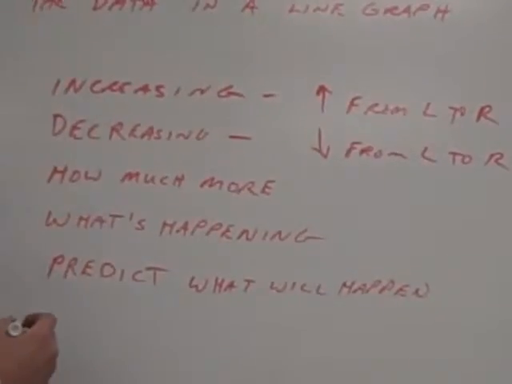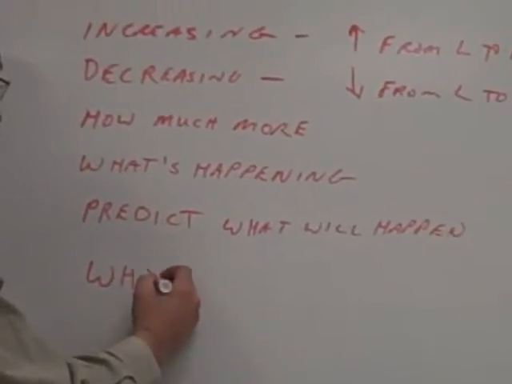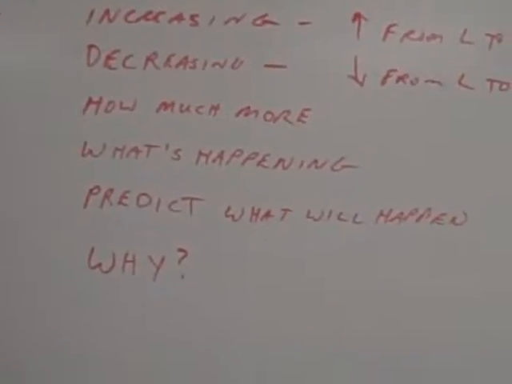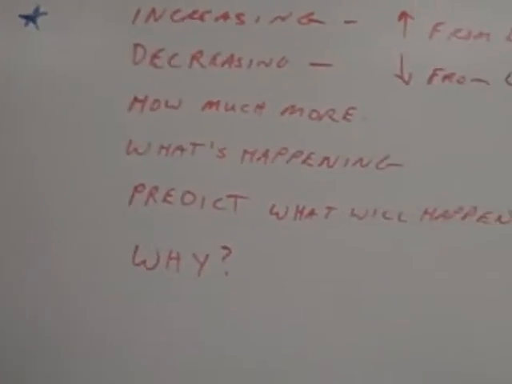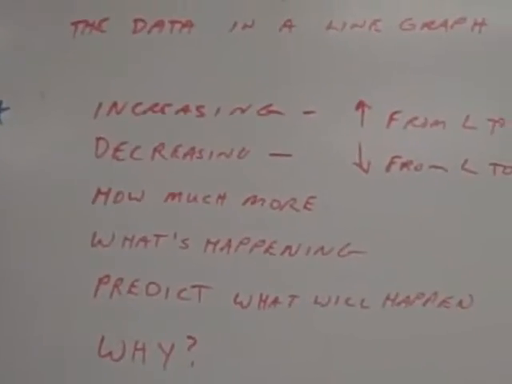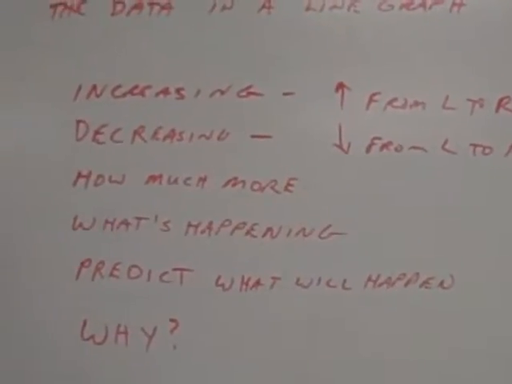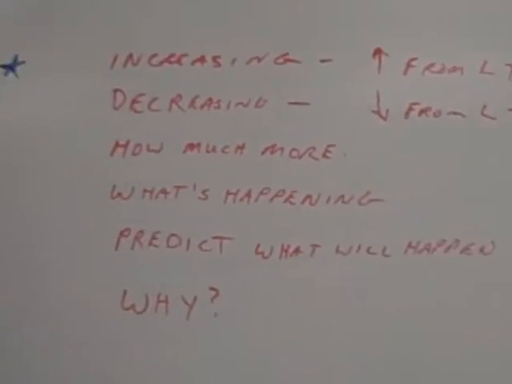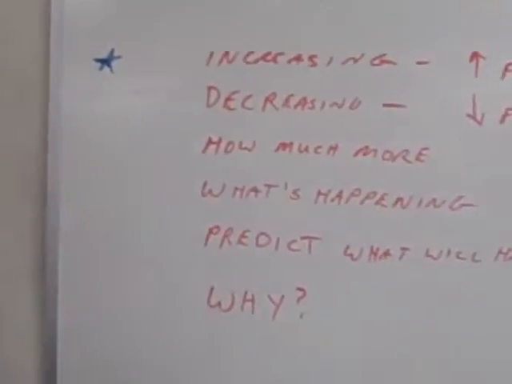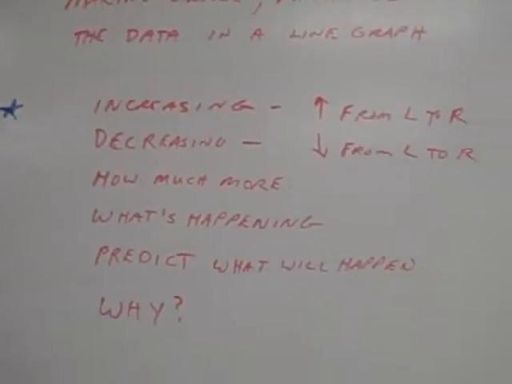And we might be asked, why do you think something is happening in the line graph? And what you do there is you have to take the whole information of the graph, what the graph's about, the years or the time factor this stuff is happening, and what is happening, and you've got to come up with a conclusion.